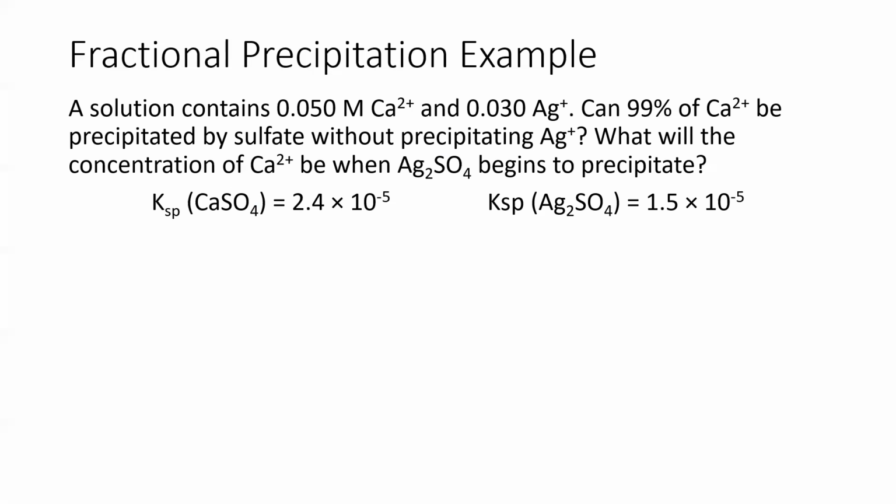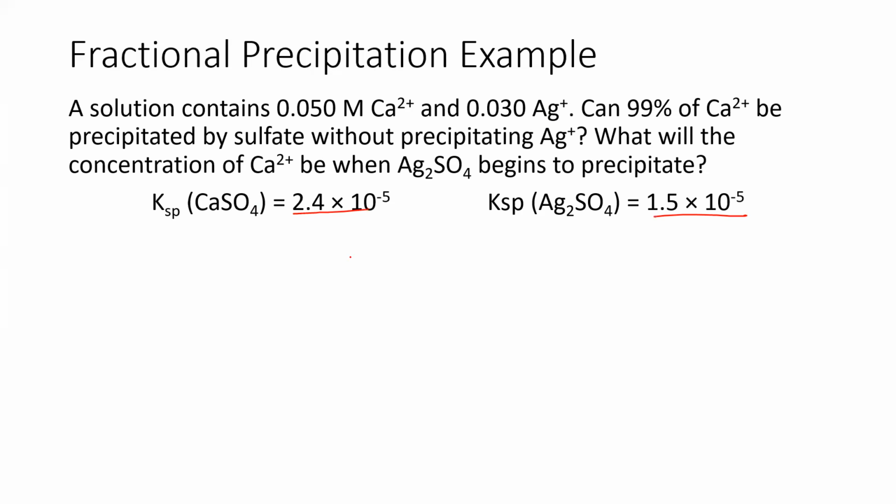So here we go. We have a solution that's 0.05 molar calcium 2 plus, 0.03 molar silver plus. And I want to know, can I take 99% of the calcium out without precipitating the silver? These two KSPs are very close together, but the calcium sulfate KSP is a little bit smaller.